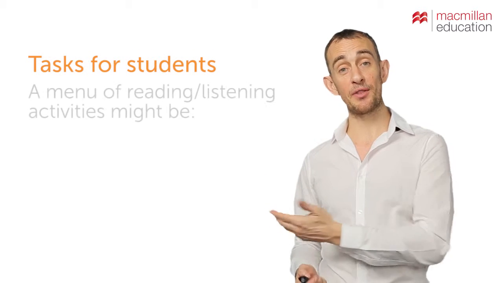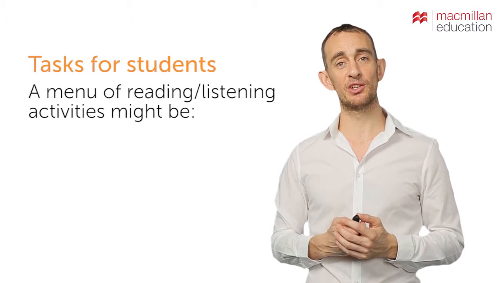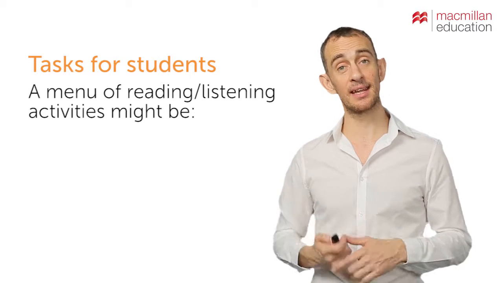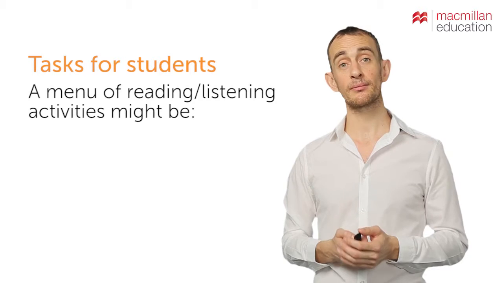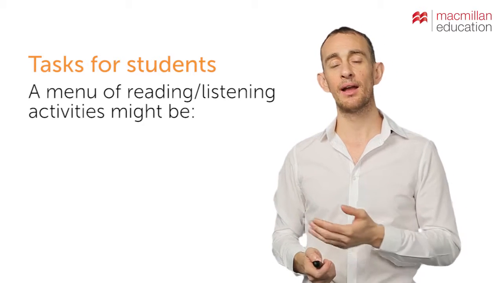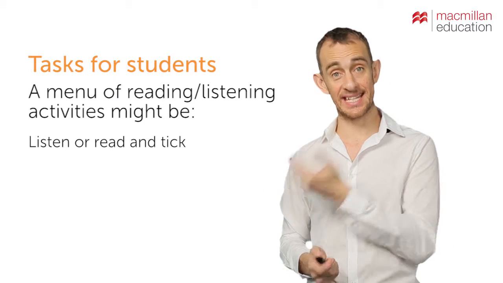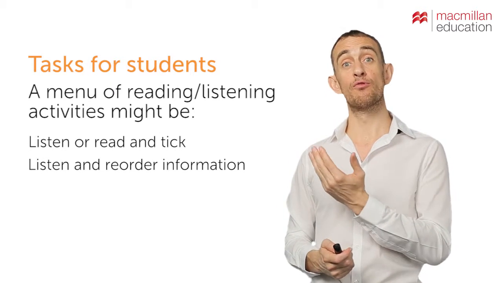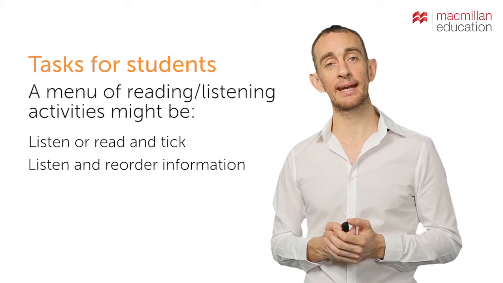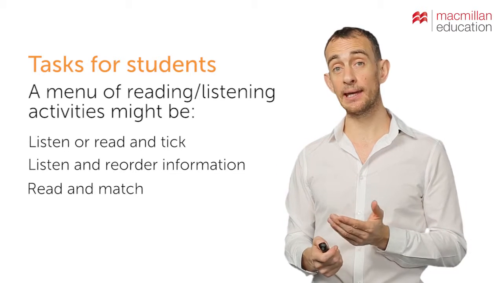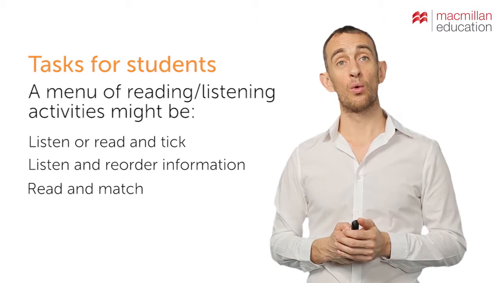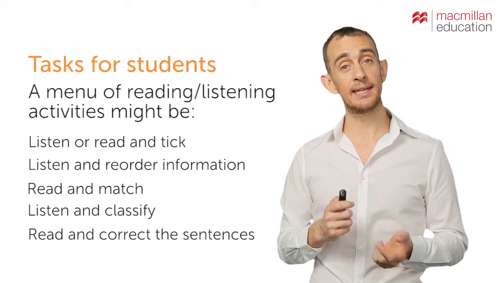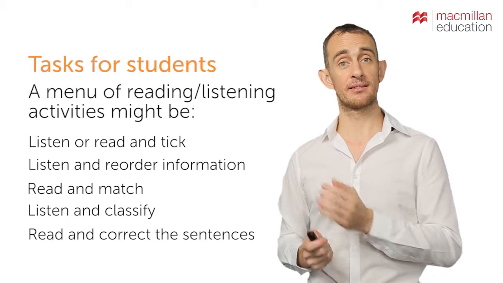Likewise, here is another menu of different activities that you could use for reading and listening to develop those skills. For example, we have here a listen or read and tick activity, or maybe a listen and reorder the information activity, or maybe a read and match, or a listen and classify, or a read and correct the sentences.